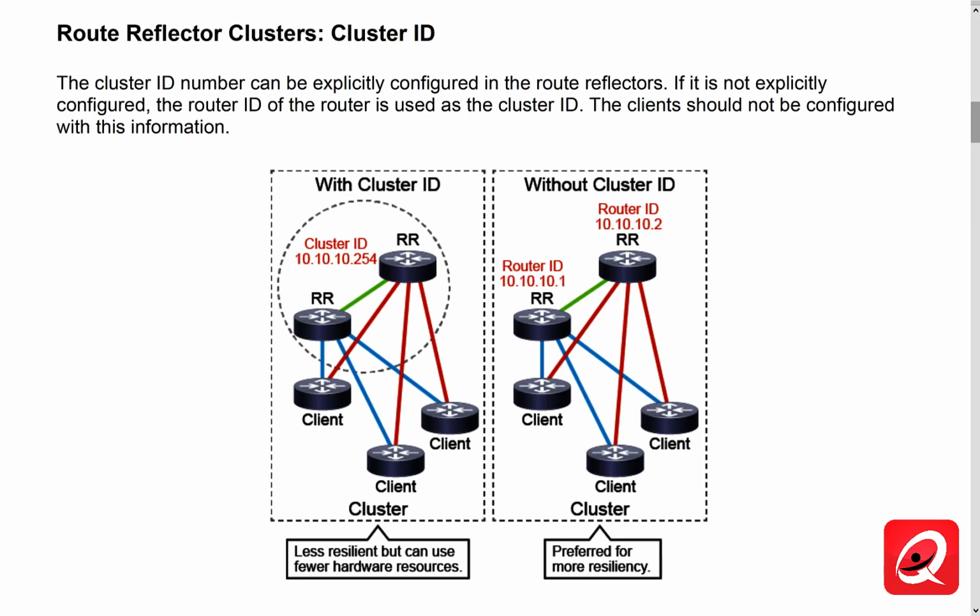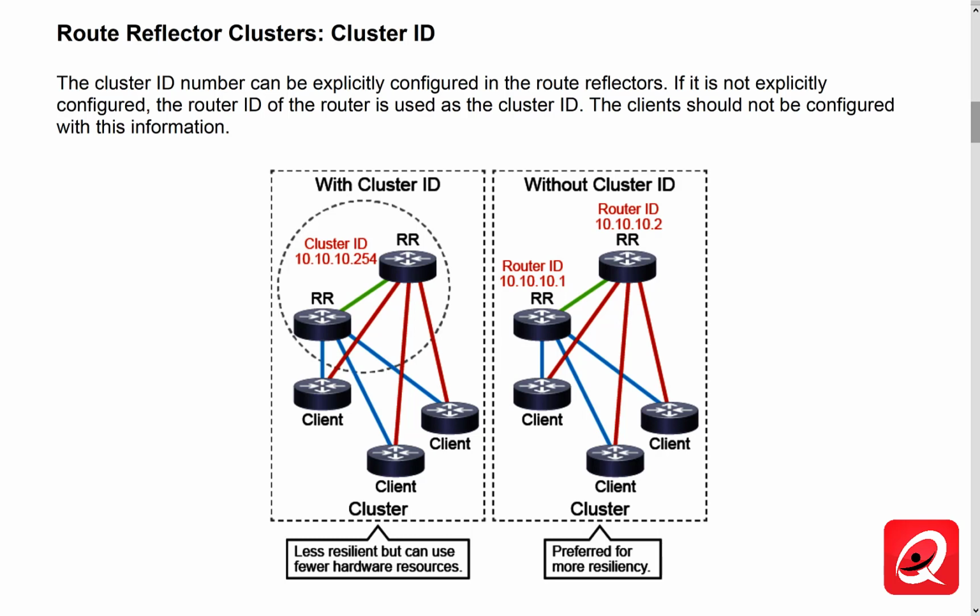All right. But this cluster ID configuration is pretty critical. You can use the bgp cluster-id router command to set the cluster ID. If that cluster ID command is not used, then the router ID, like I said, is going to be used. When we have all route reflectors in a cluster share the same cluster ID, this is what we refer to as a redundant cluster, because the cluster ID is identical between the route reflectors.